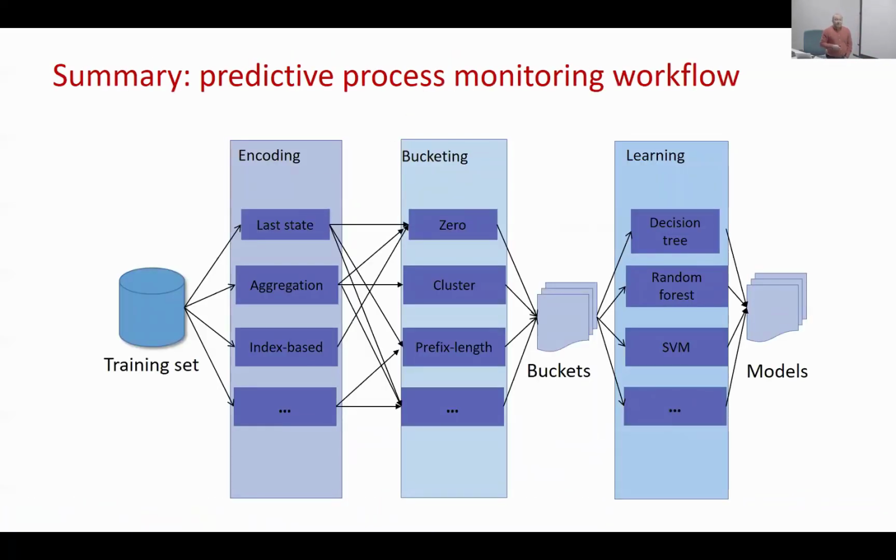So in summary, to train a predictor for predictive monitoring, you start from your data frame, from your event log, and you extract prefixes, and then you do bucketing and Fisher encoding in some order, depending on which type of bucketing you choose. That will give you a number of buckets, each of them containing a Fisher matrix, and you then give it as input to a machine learning algorithm, which will produce a machine learning model for each bucket.